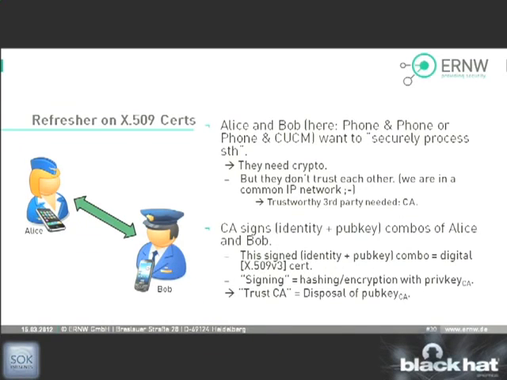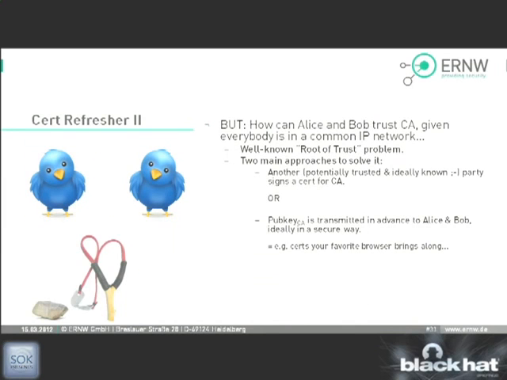And this signed package, I mean, there's more in it, but let's break it down to identity information plus a cryptographic piece, a public key, bundled and signed. This is a digital certificate. There are some structural problems with this. So how do Alice and Bob know they can trust that party called CA?